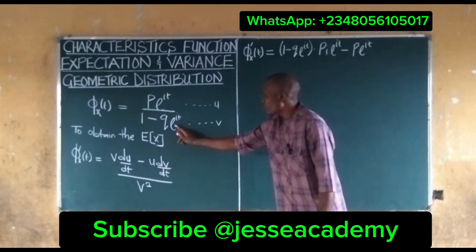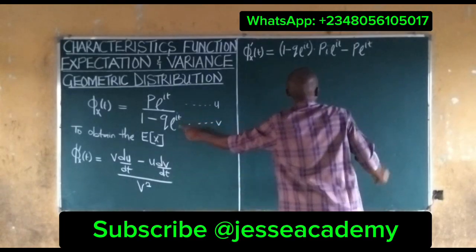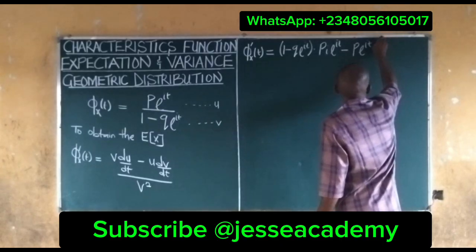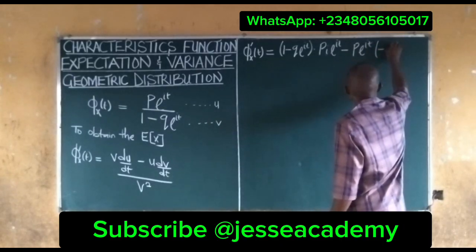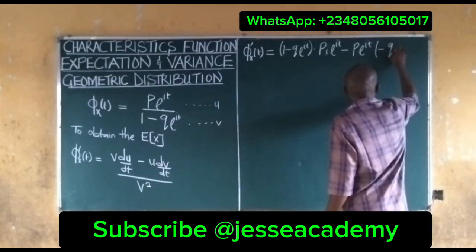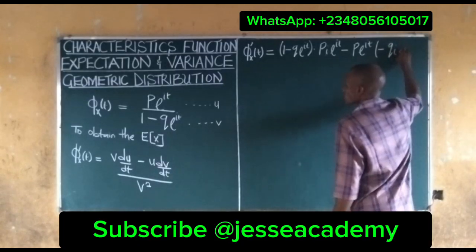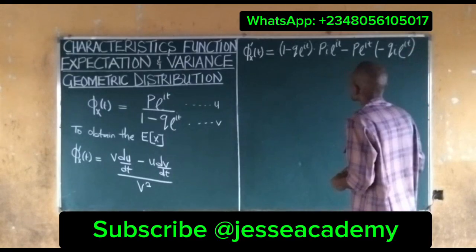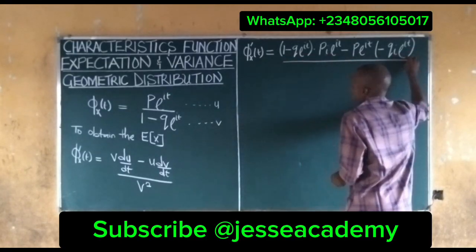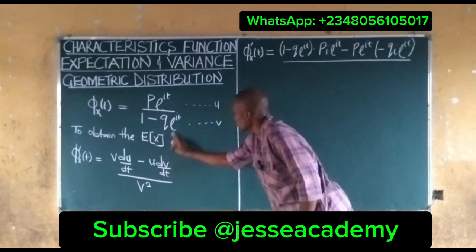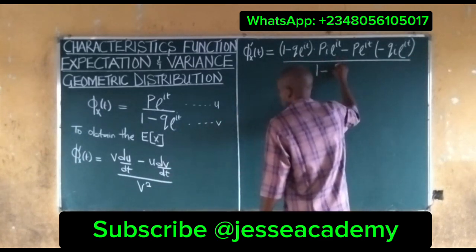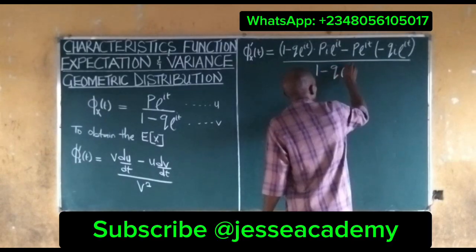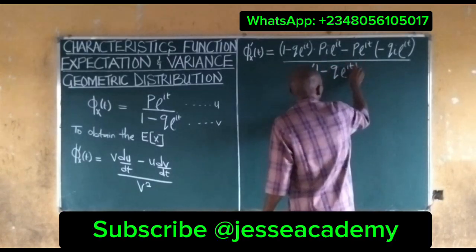We differentiate v with respect to t, and if we differentiate that, we get negative q i e^(it). So this is what we get all over v squared, which is 1 minus q e^(it), all squared.